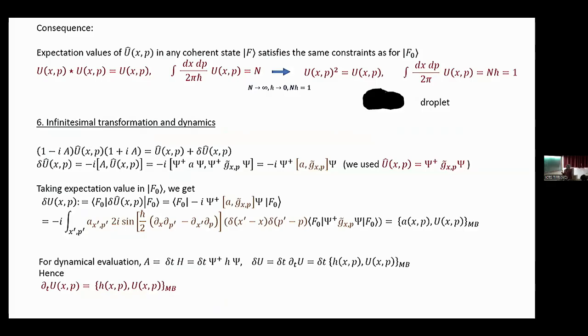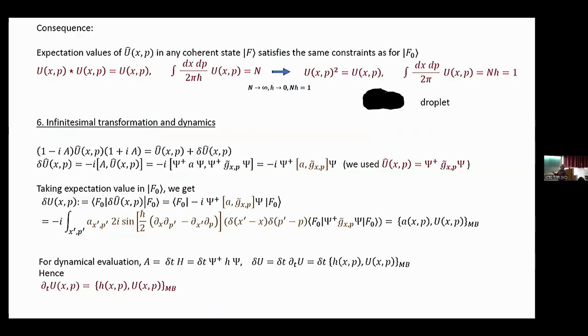Now you can see easily that if this uxp has a smooth h bar going to 0 limit, then there is a nice large n limit here, which is n going to infinity, h bar going to 0, n h bar equal to 1, where the star product will just become ordinary product.